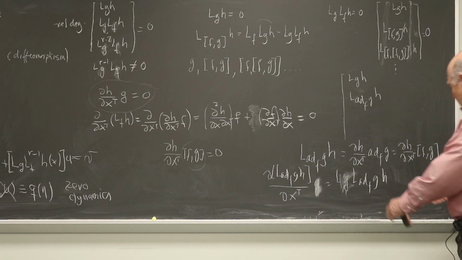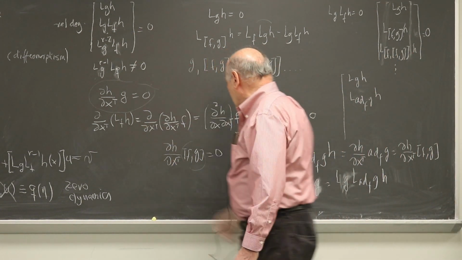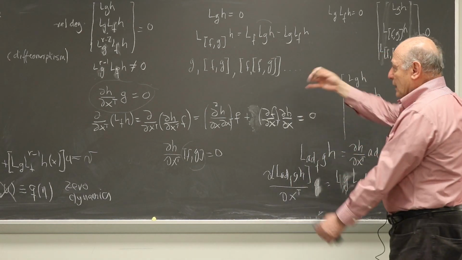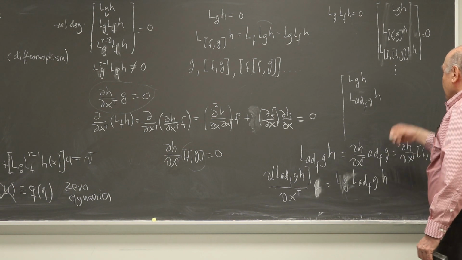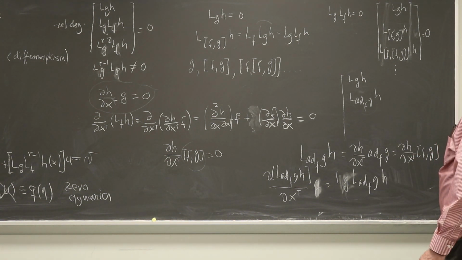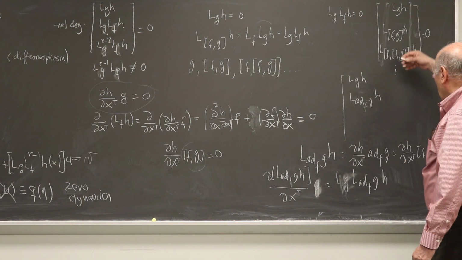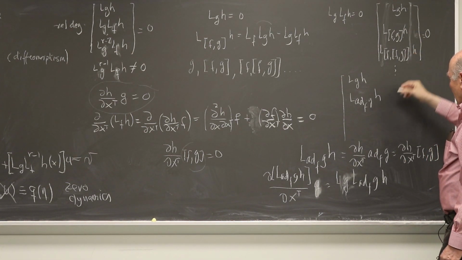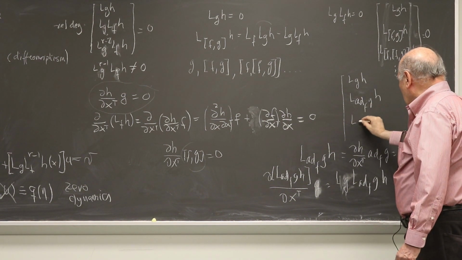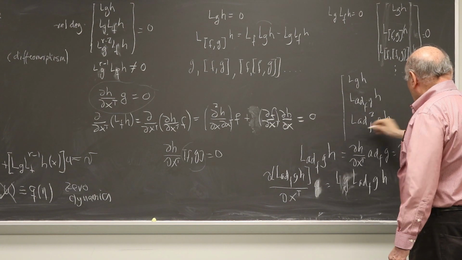And since this is already replacing that, this will be the next one, and the next one is just Lg Lf square of g. So we can compose those things and continue to redefine these Lie brackets along these new directions as directions spanned by this operator.